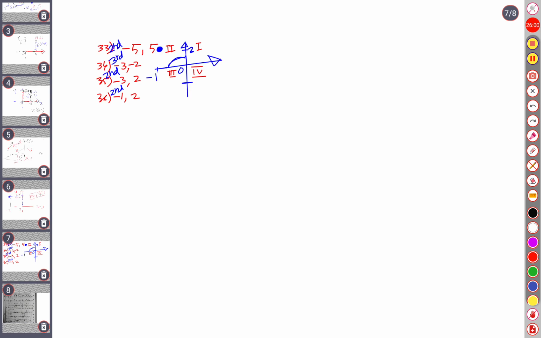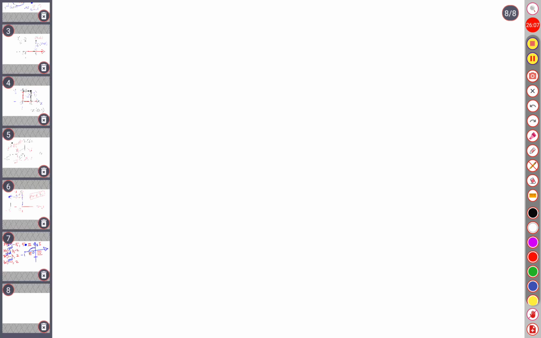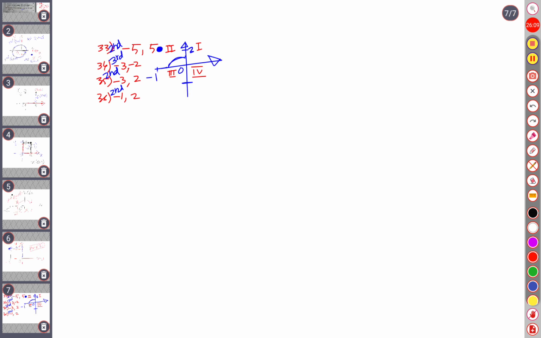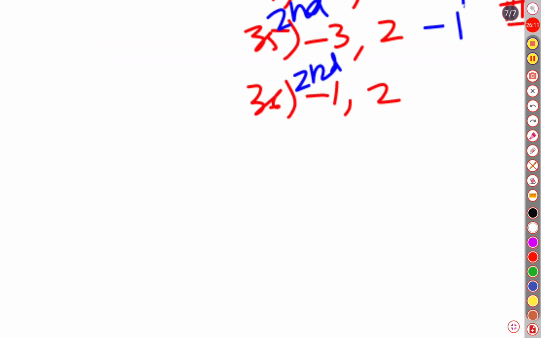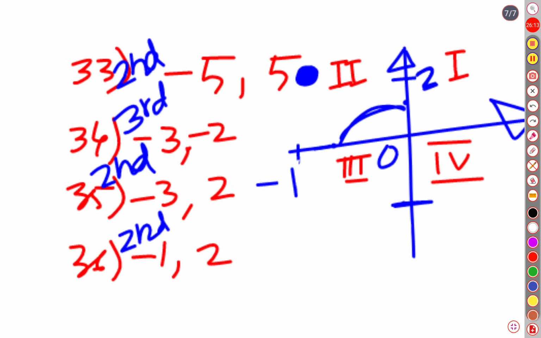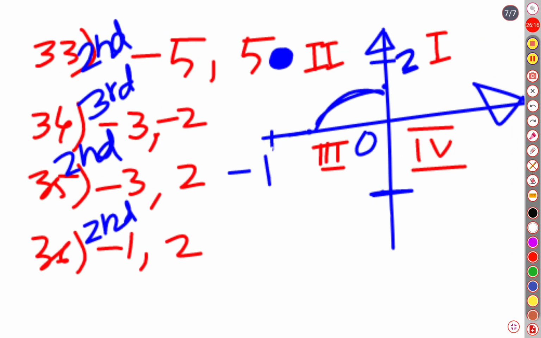This is the final page, this is also blank. So this is our final page. Here we have identified the quadrants of the different coordinates. So that's all for the solution of this page.